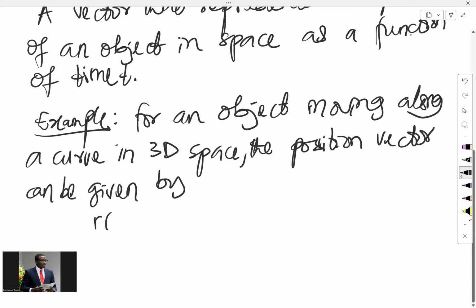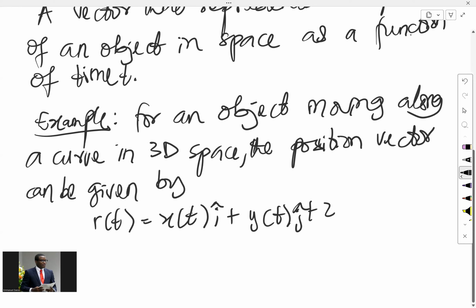by r of t, which is equal to x of t i. i, j, and k are the unit vectors, which we've seen before. Then y of t in the direction of j, plus z of t in the direction of k.